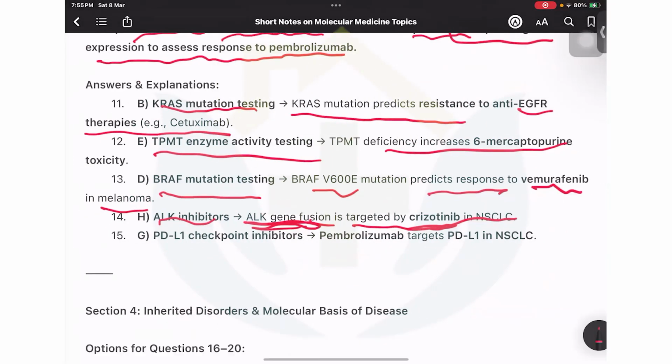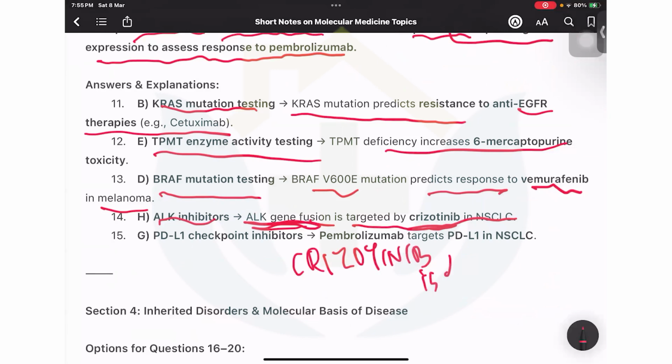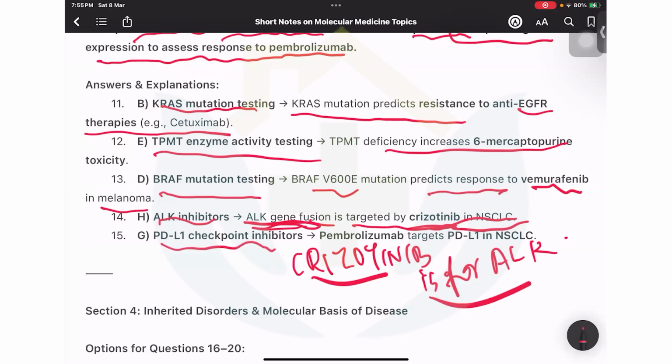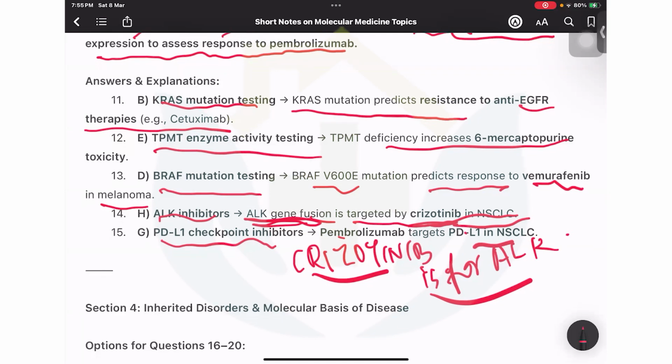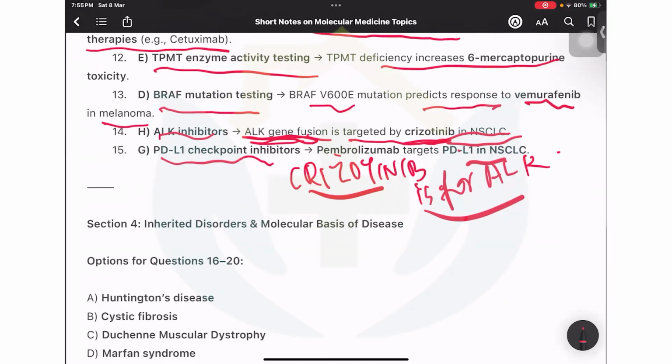So crizotinib is for ALK mutation. Is that helpful to remember? Yes, sir. Okay. So PDL1 checkpoint inhibitors: pembrolizumab targets PDL1 in NSCLC. Okay.